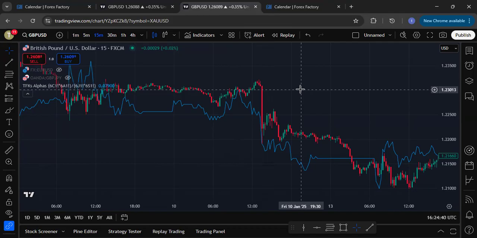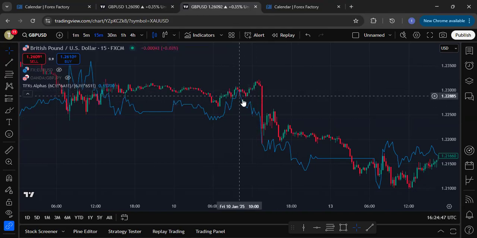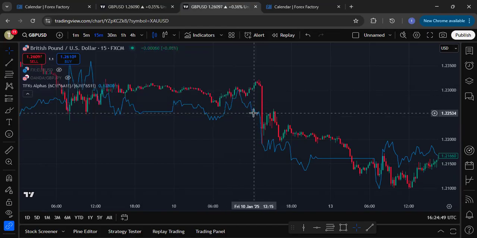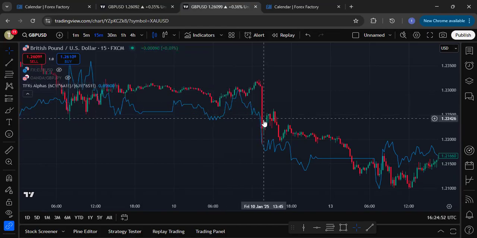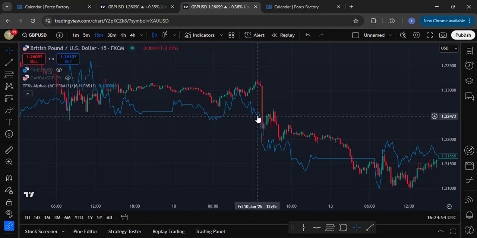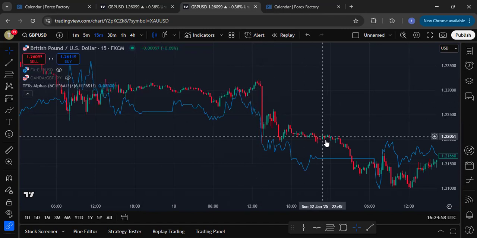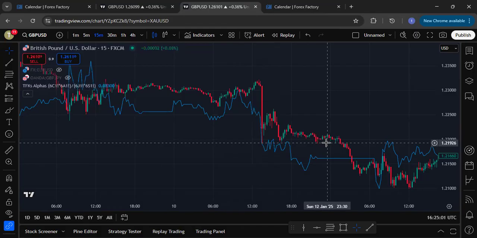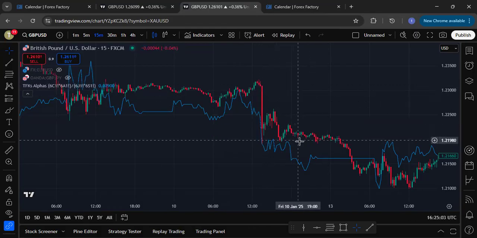If the US is gaining more money, they can establish a lot of jobs. We could see from this line that the US is gaining a lot of money while GBP is losing a lot of money, and the price actually sold, which reflects in the result of the NFP. So that's why I could predict that the market is going down generally on the NFP day. And boom, you could see that the market actually went down.